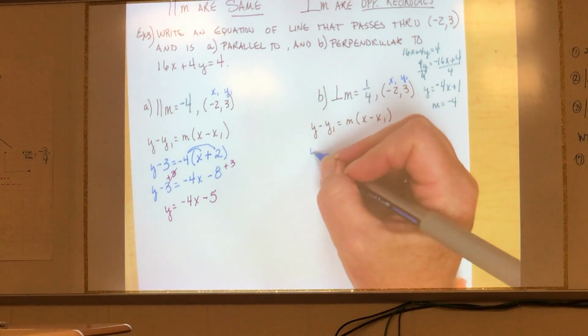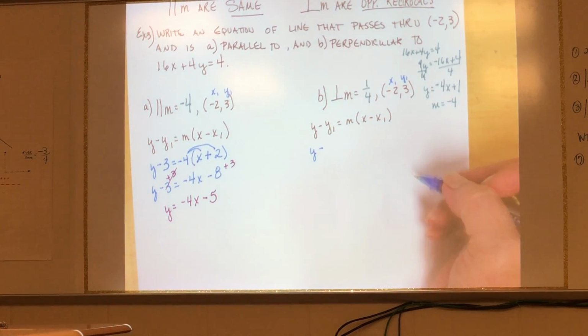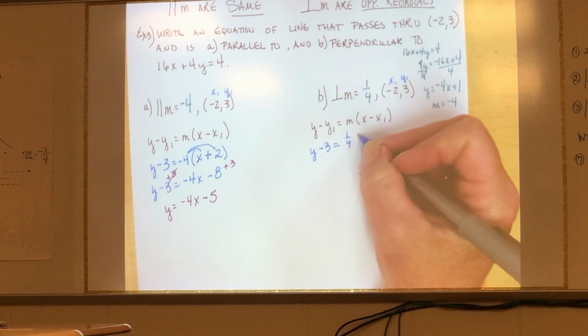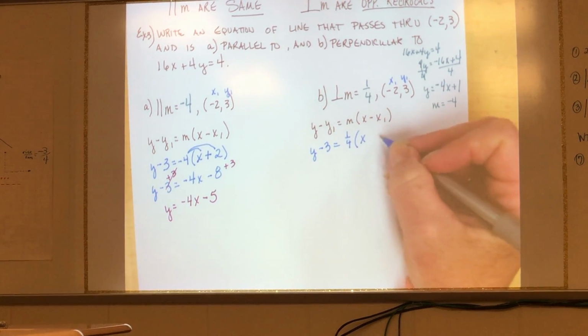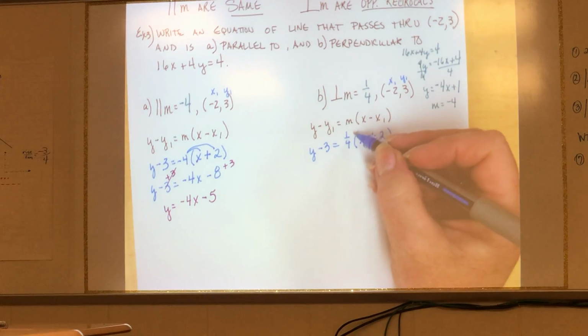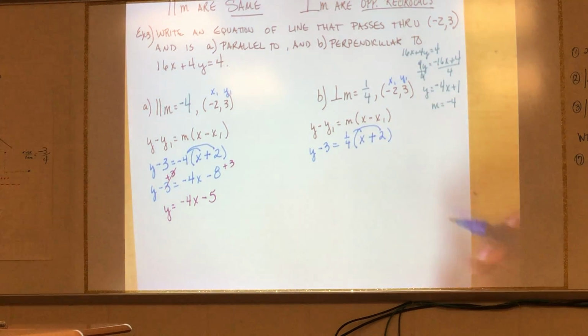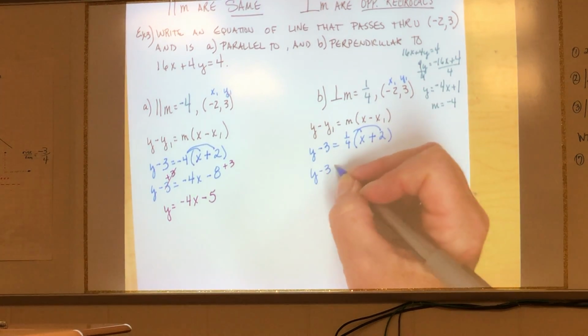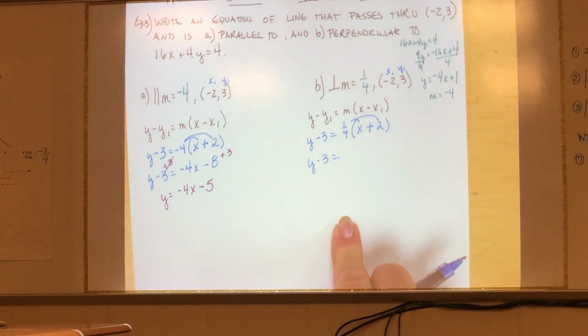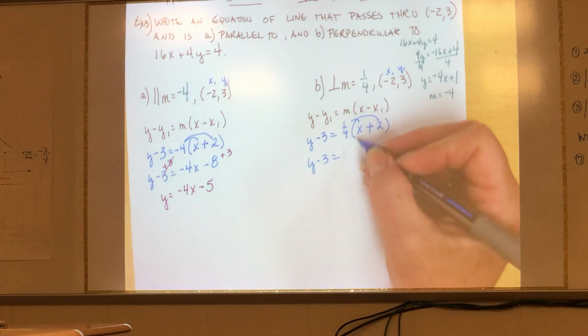So I have y minus what? 3 is equal to, my slope is positive 1/4 times x minus a negative 2 becomes a plus 2. I'm going to distribute. Okay? Y minus 3 is equal to, what's 1/4 times x? You should be already almost finished with this. Okay? You should be working ahead.